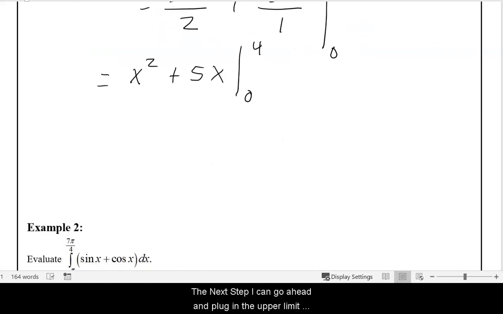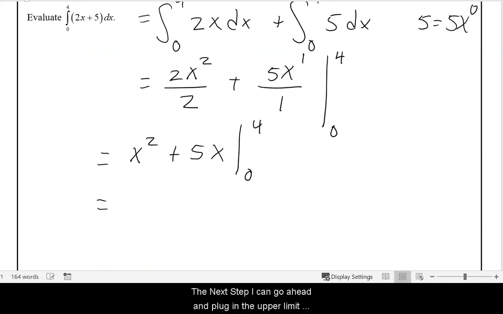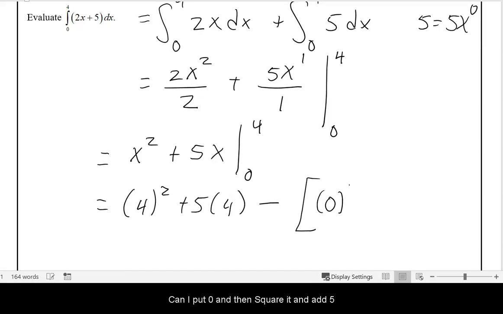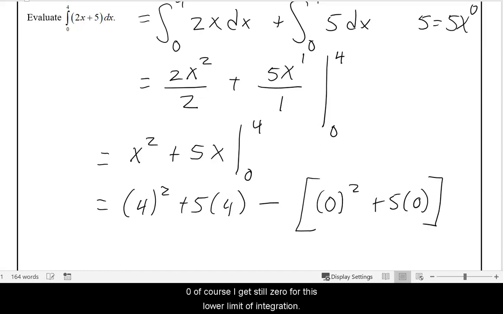In the next step, I can go ahead and plug in the upper limit, which will give me 4 squared plus 5 times 4. Now I need to plug in the lower limit and subtract that entire value from the value of the upper limit plugged into the antiderivative. When I put 0 in and square it and add 5 times 0, of course I still get 0 for this lower limit of integration.